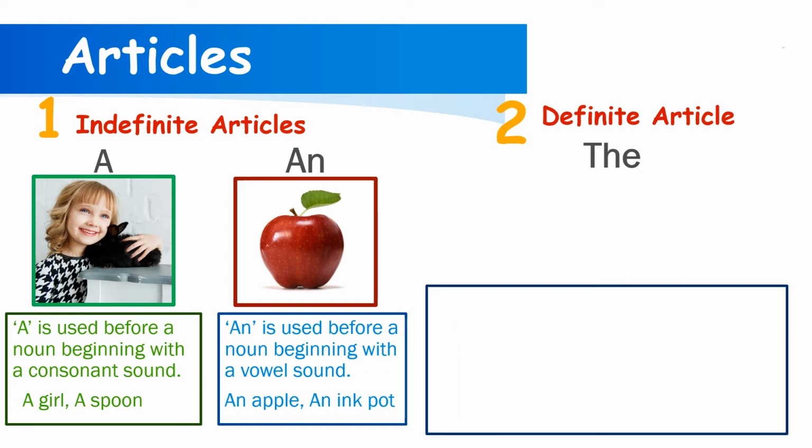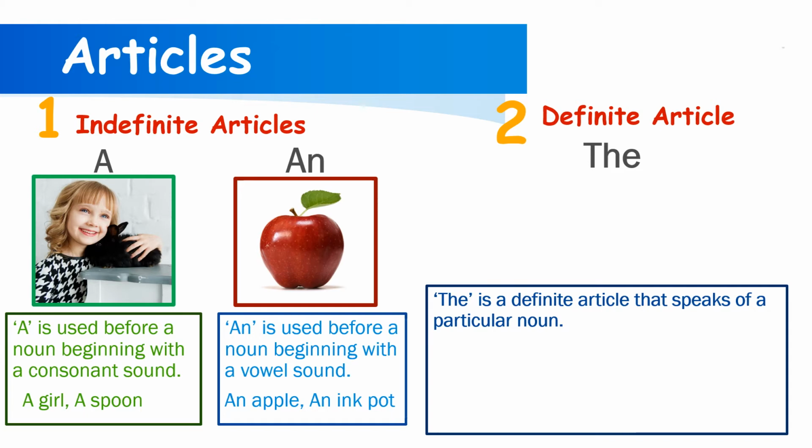The definite article the is used before singular countable nouns, plural countable nouns, and uncountable nouns. The definite article the is used when we refer to some particular place, a thing, or a person. For example, the sun, the moon, the blue sky, or I can give you a sentence over here.